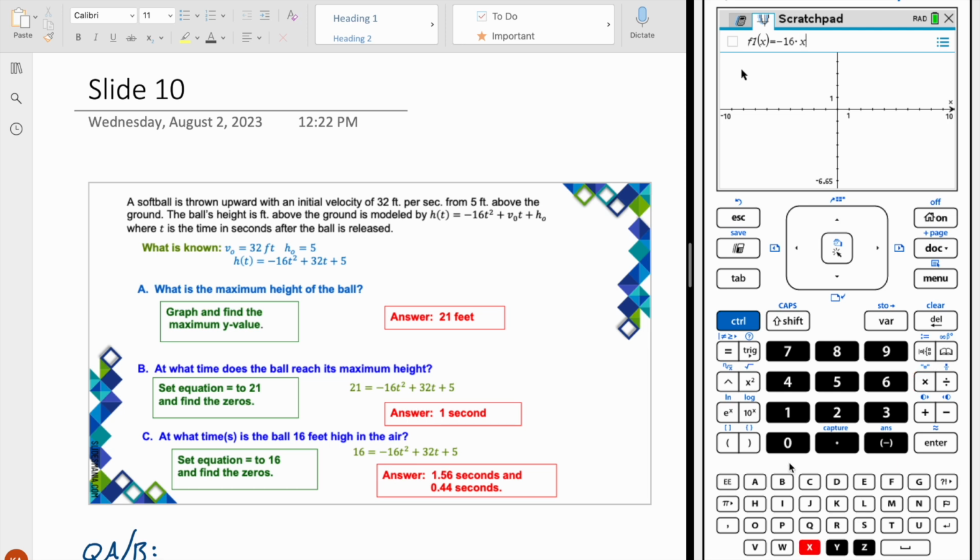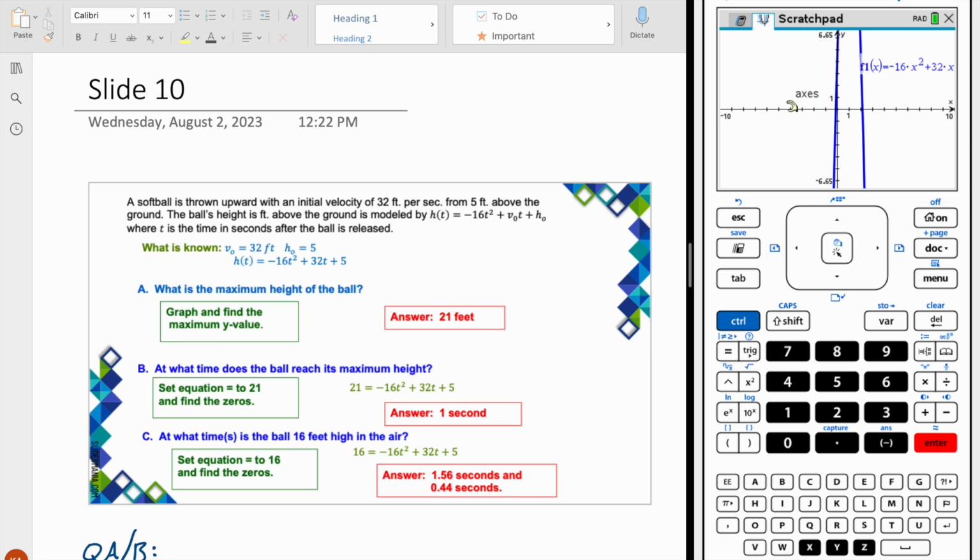So x squared plus 32 times our x variable plus 5. Once you've gotten to that point, go ahead and click enter. When you do, you can already see that the graph has been made for you.